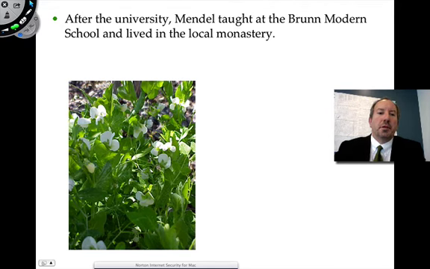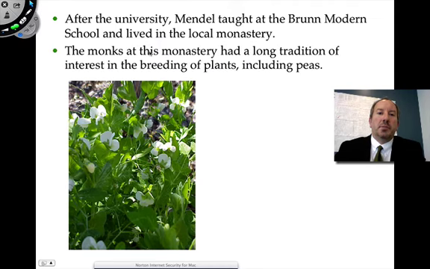What's interesting is that after he graduated, he was a teacher, and he was a monk, as I mentioned. Interestingly enough, monks in general, not just Gregor Mendel, have a long tradition of breeding plants. In this case, the monastery where he was stationed was breeding peas.